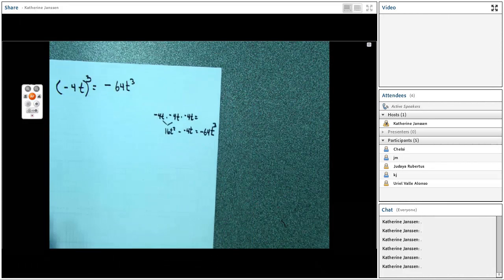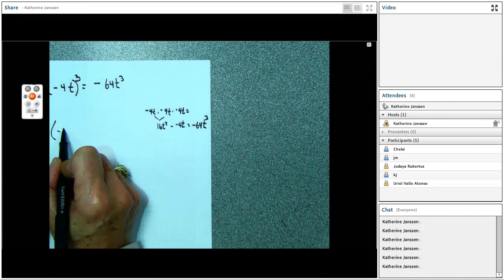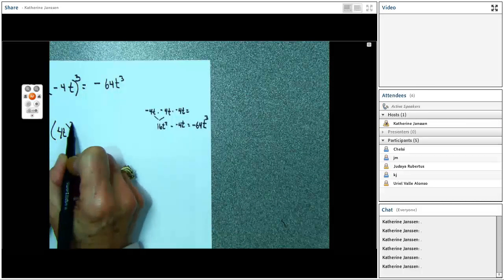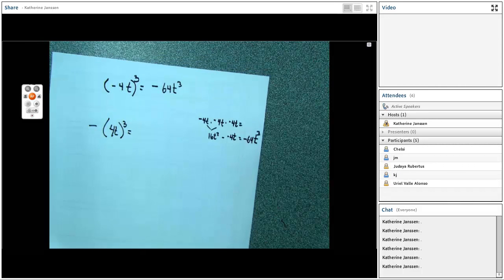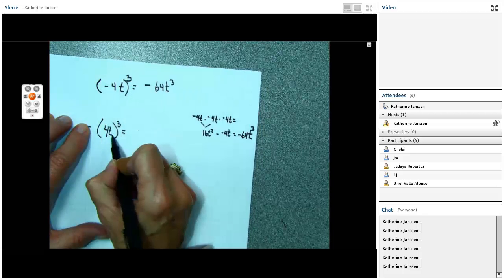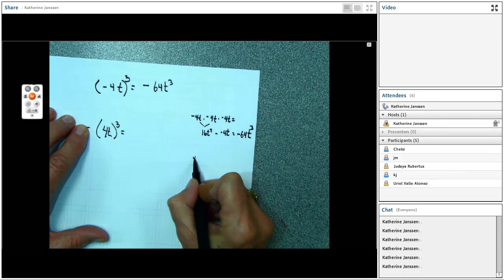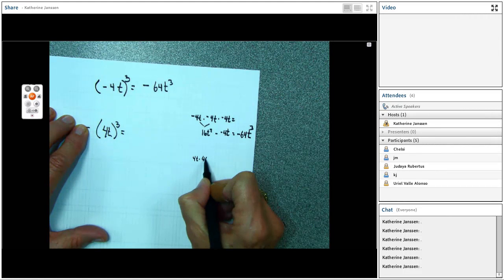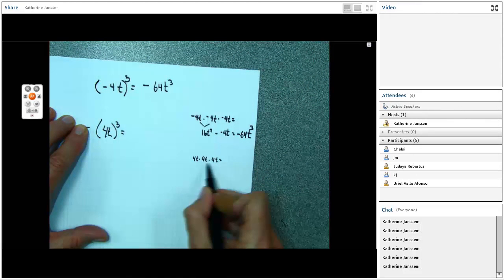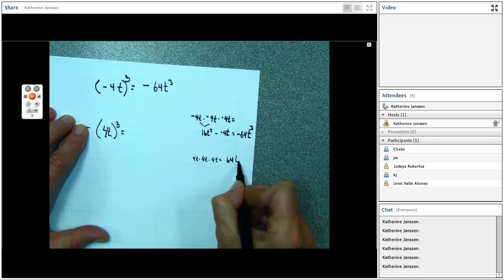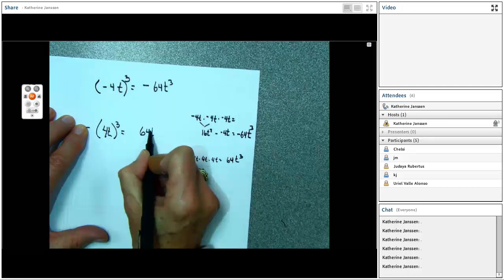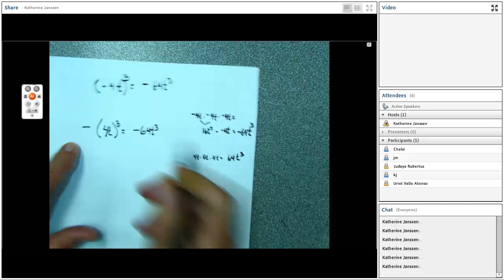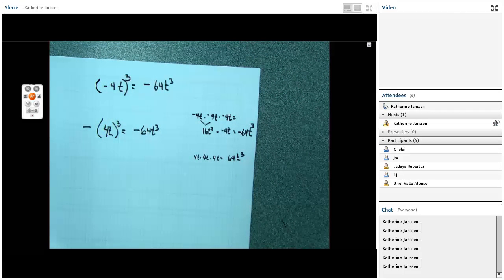Okay. And the opposite of 4t, the quantity cubed. Well, I have a clue. I have 4t as my base. So that's 4t times itself 3 times. 16, 64, and t times t times t is t cubed. 64t cubed, but I need its opposite. So just take care in handling your positive and negative bases with exponents.